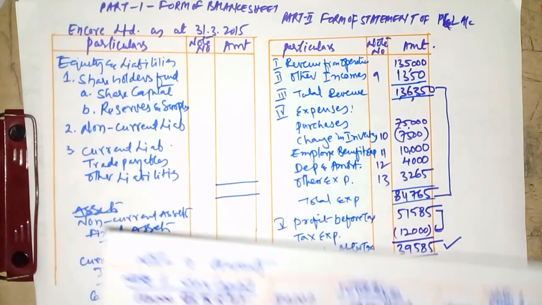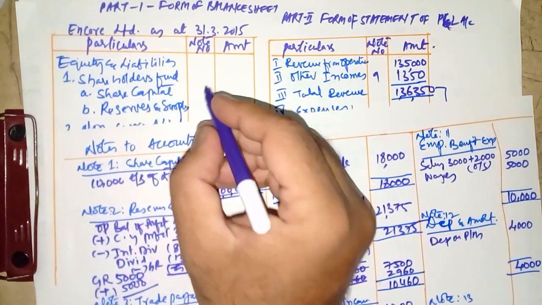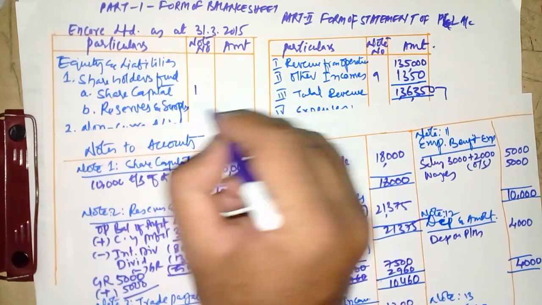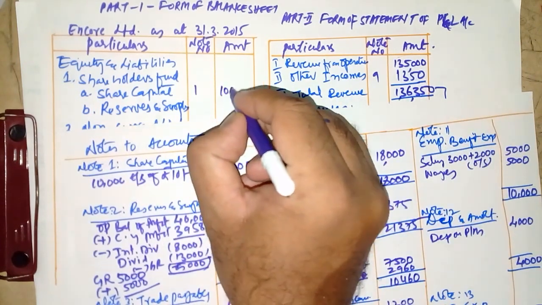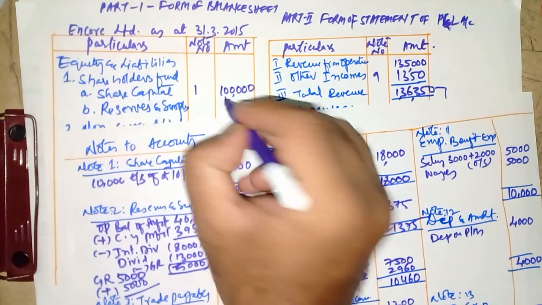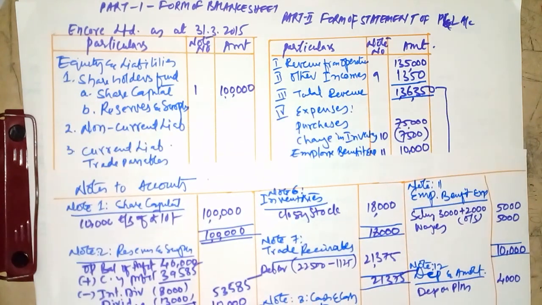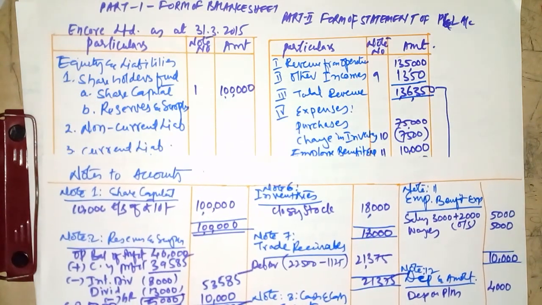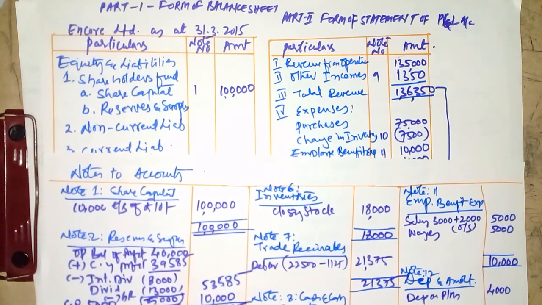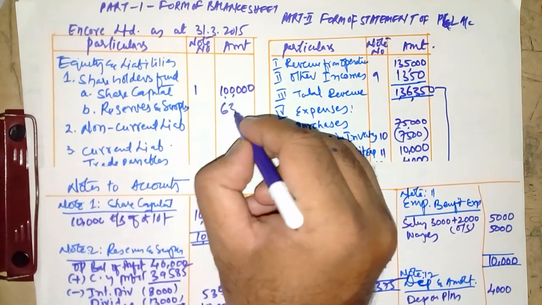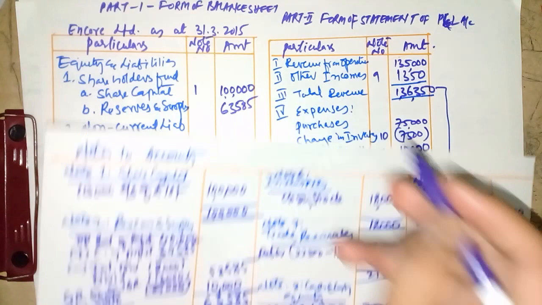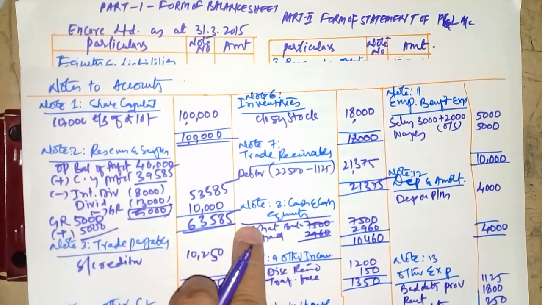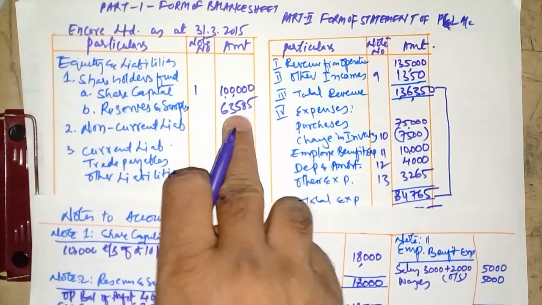These are the note numbers. Then we'll proceed. Note number 1, share capital, that is 1 lakh, right? Then reserves and surplus, that is 63,585, that we have calculated, the same value we are plotting here.